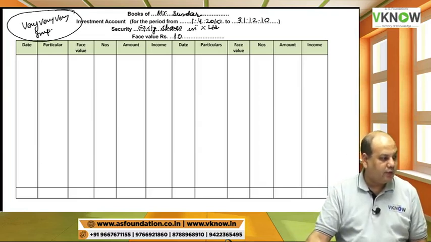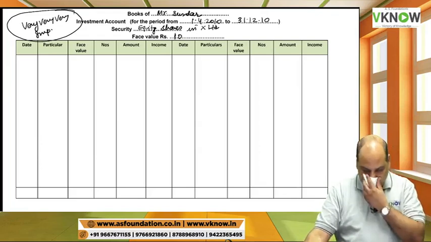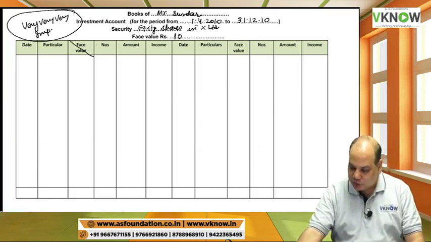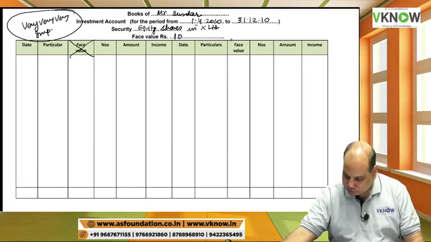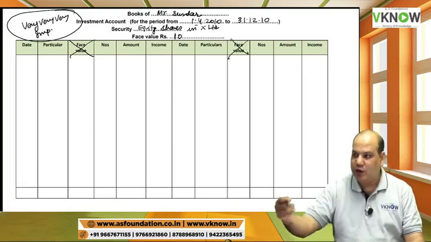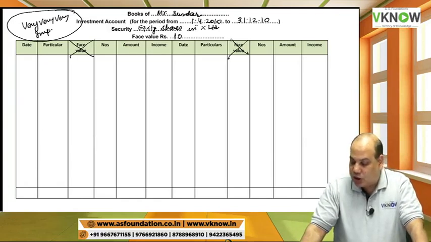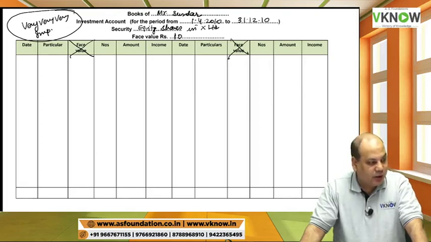So please draw the format first. If you don't want to write this face value column, then you can ignore it. I will give you permission. But you should draw other columns. Date, particulars, numbers, amount, income.